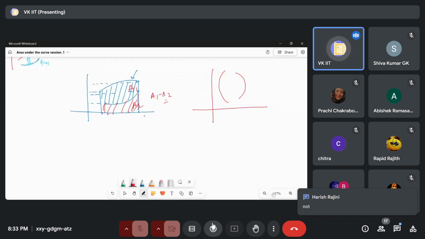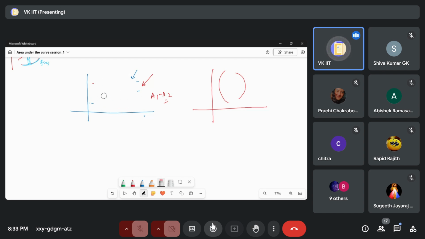I don't know why, but the network was lost. Okay. So I was saying earlier that if you go for the horizontal strip, you will not be able to find the area between the two curves. It is clearly visible, let me draw it again. If this is the curve and this is the second curve, then below this curve you will find this area. But if you consider the vertical strip, you will have to find this area, which is not actually required.